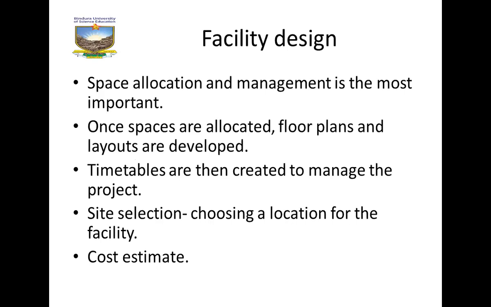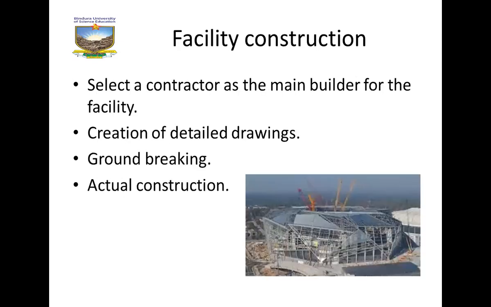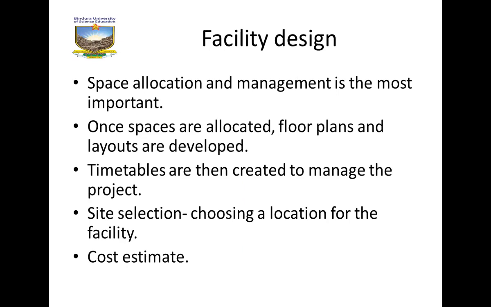Once that has been done and you have your master plan in hand, you can then move on to your facility design process. This is where you allocate each space within the facility design, to say that this is where we're going to play handball in this multipurpose hall. This is where we are going to play badminton. This is where we're going to have basketball.